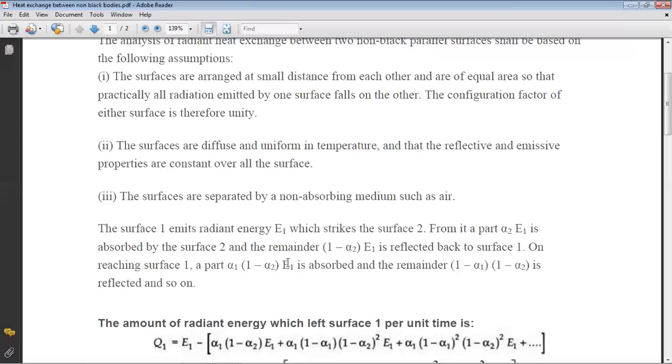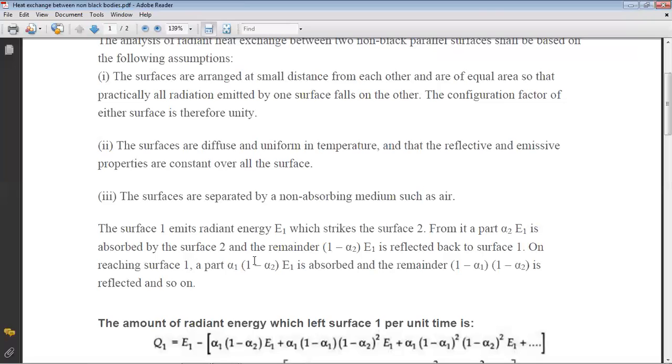This much energy is absorbed because we have defined absorptivity as the amount of energy that is absorbed when we have exposed a surface to the incident radiation.